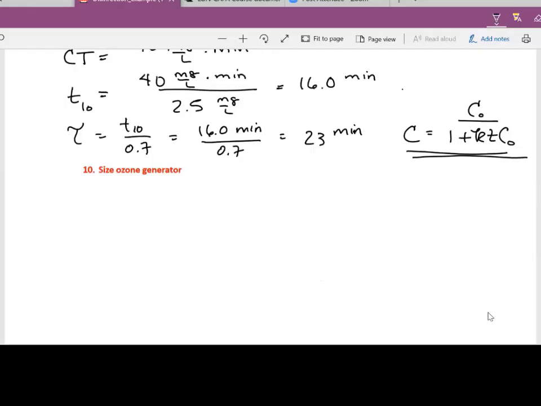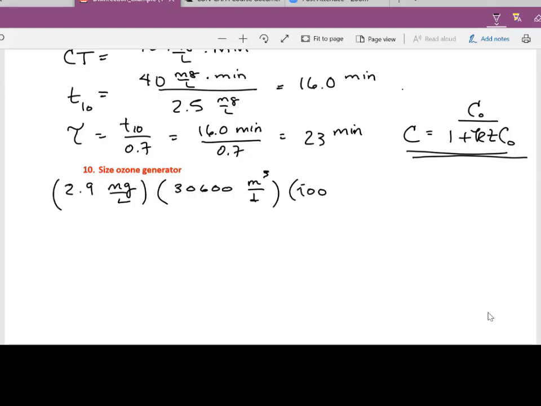So we'll use the 2.9 milligrams per liter. We have a flow rate of 30,600 cubic meters per day.